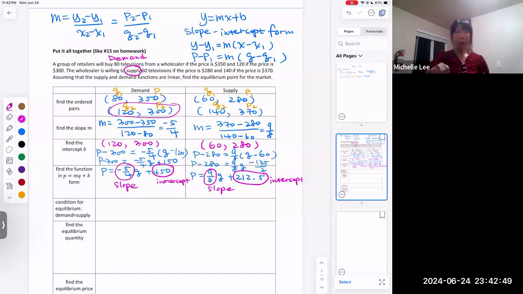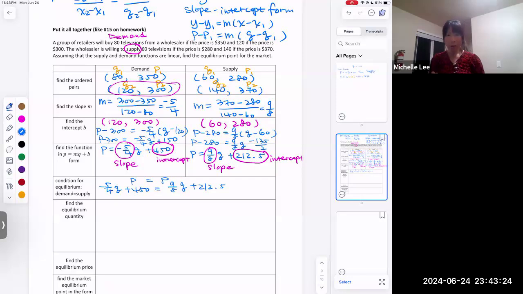Okay. Now, the condition for equilibrium: demand equals supply. We had this experience earlier. So P equals P for demand and supply. The left side we have negative 5/4 Q plus 450 equals 9 over 8 Q plus 212.5.